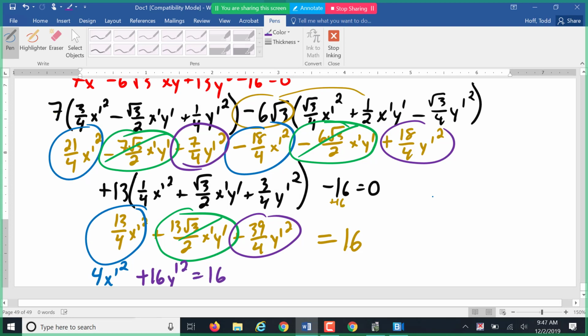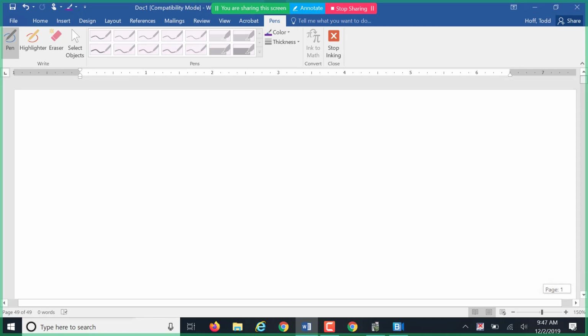So we have 4x prime squared plus 16y prime squared equals 16.